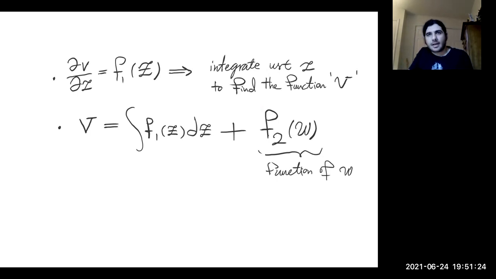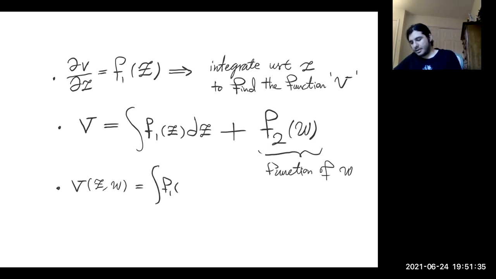So now in some sense we have v, right? V of z and w is equal to the integral of f1 of z dz. This is a part which depends on z, plus f2 of w.